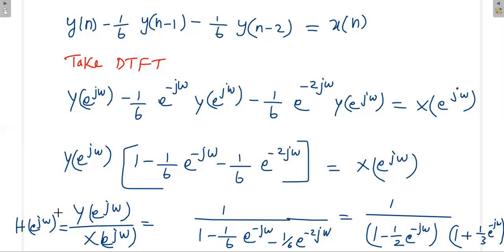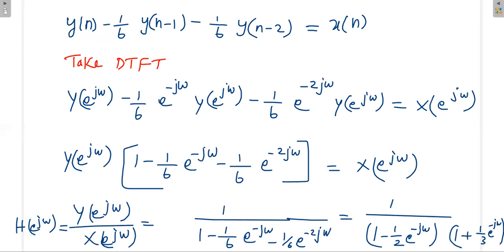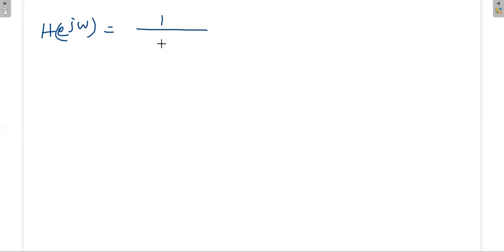So finally, we are having H of e power j omega equal to 1 by 1 minus 1 by 2 e power minus j omega, times 1 plus 1 by 3 e power minus j omega.